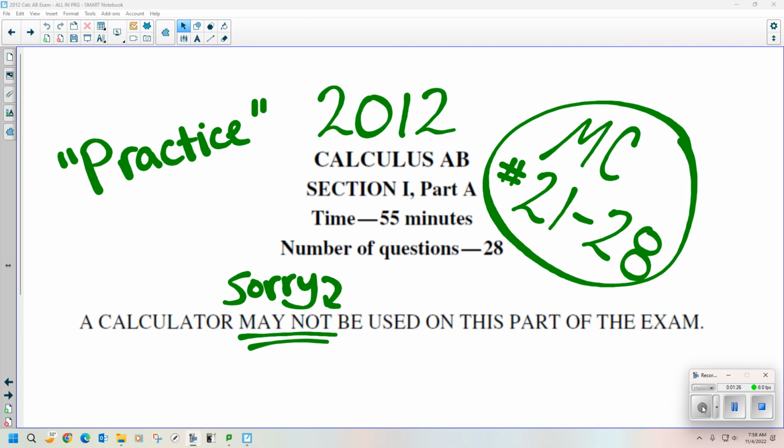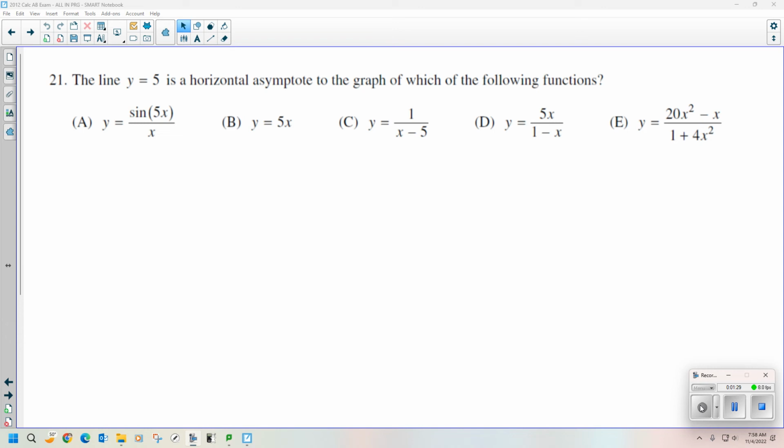Okay, so let's get started. Number 21. Number 21 says, the line y equals 5 is a horizontal asymptote to the graph of which of the following functions? Couple things we need to identify here. First, if y equals 5 is a horizontal asymptote, it's one of my favorite mathematical words, asymptote.